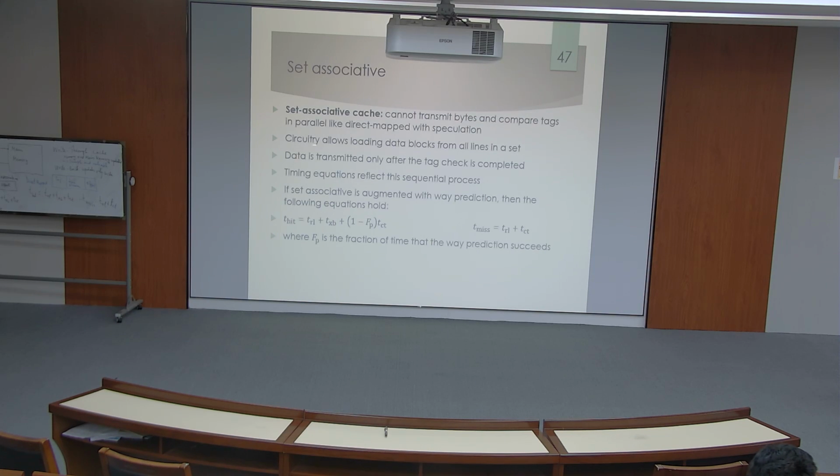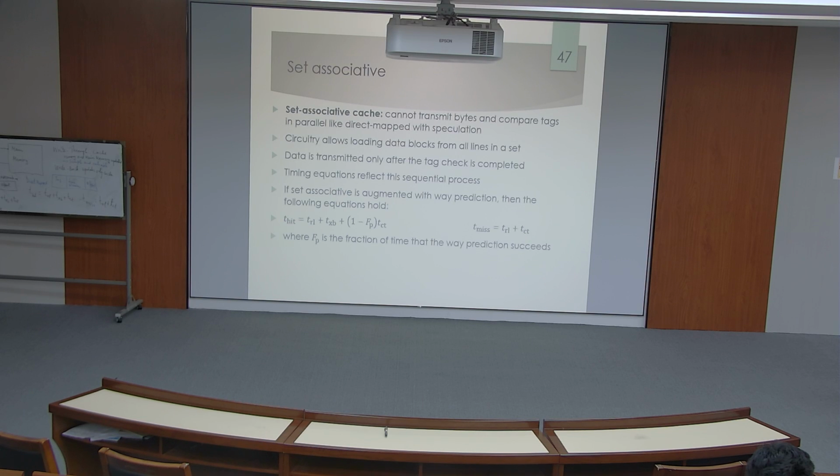So we have a circuitry which allows loading data blocks from all the lines in a set. So data is being transmitted only after the tag check is done. Now we have seen that for the direct map, the checking and the fetching can be done at the same time.